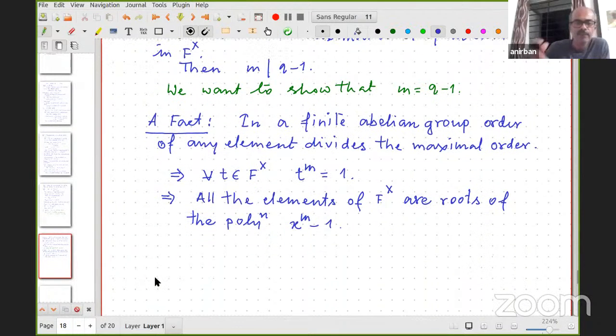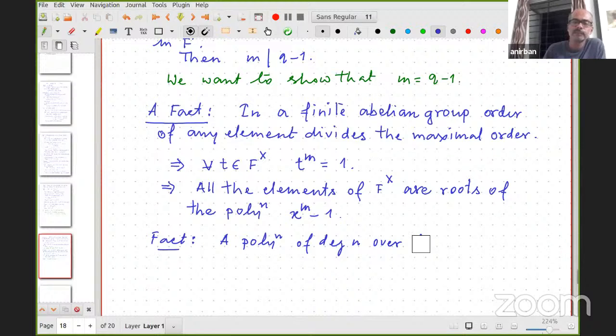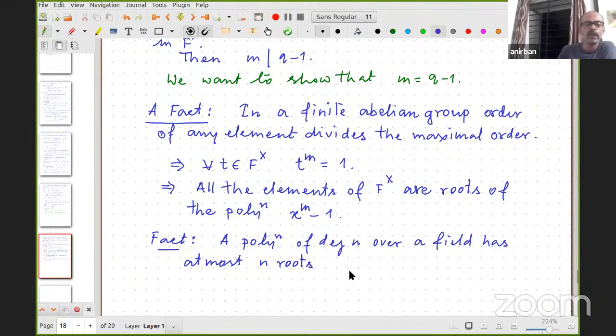Now we would require another fact. A polynomial of degree n over a field has at most n roots.